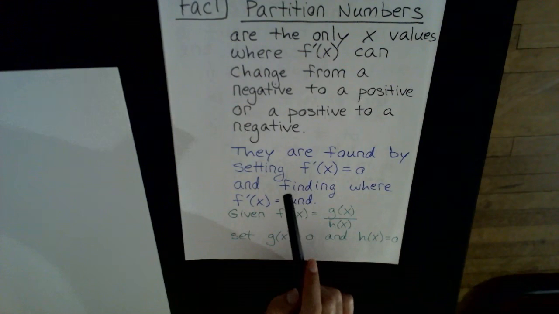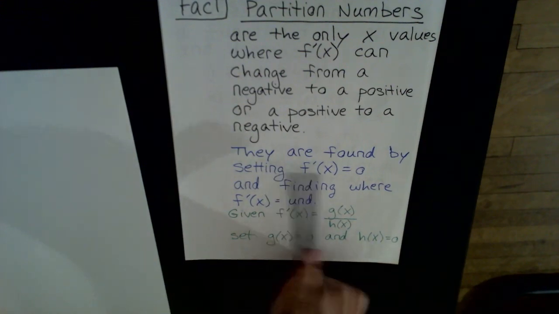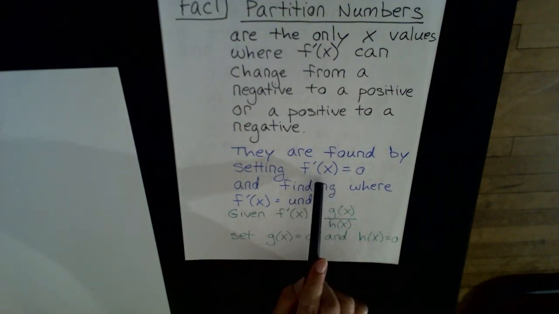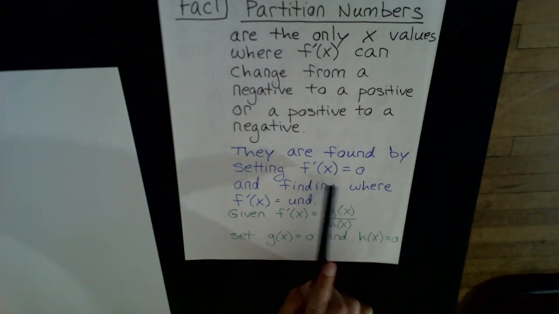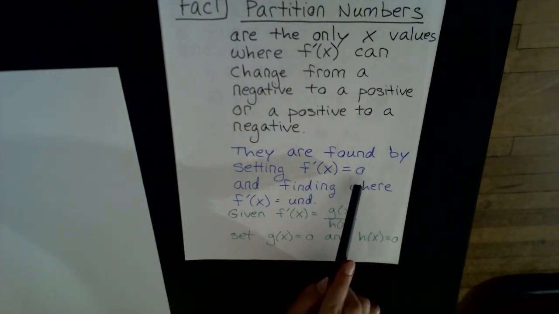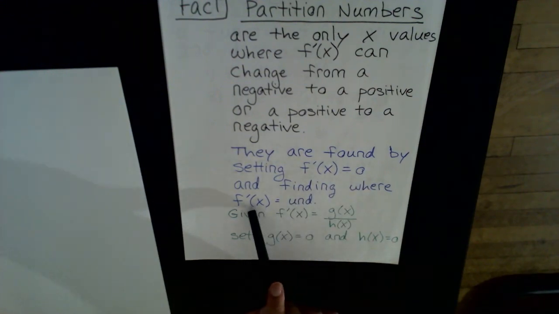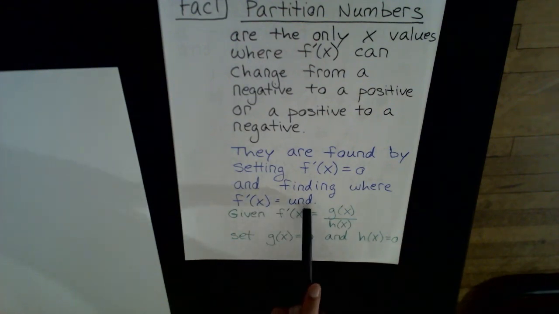With that, we say that they're found by setting the derivative f prime of x equal to 0, and also finding where the derivative f prime of x is undefined.